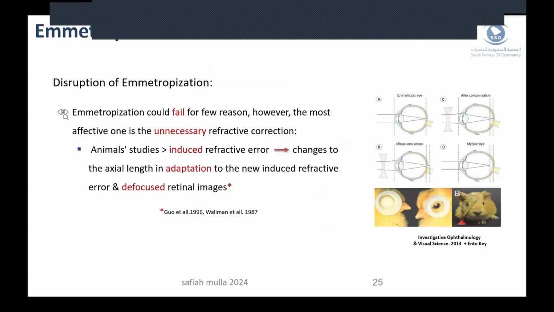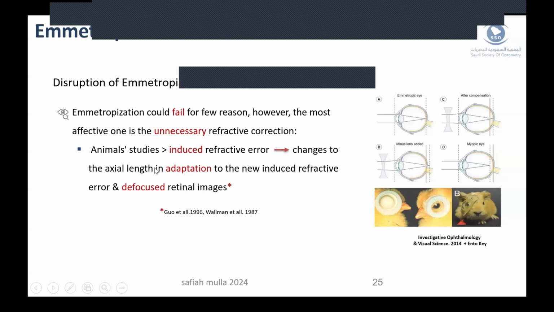The emmetropisation process itself could fail for many reasons. However, the most effective one is unnecessary refractive correction. Animal studies show that when they induce refractive errors, by closing the eyes or putting lenses in front of the eyes, this leads to changes in the axial length in adaptation to the newly induced refractive error and defocused retinal images.